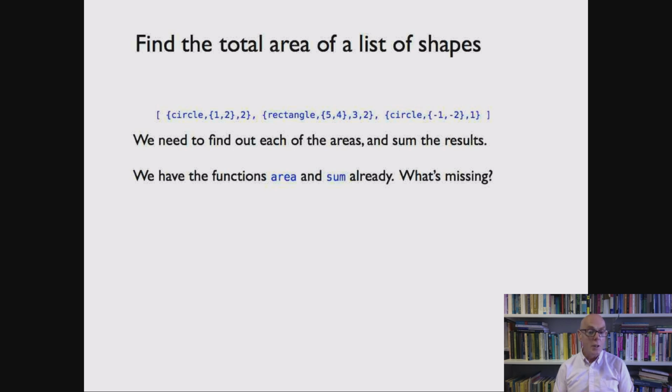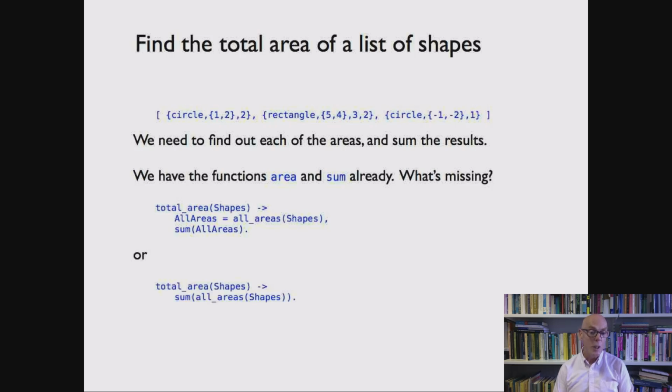What we need to do is find out each of the areas. We have to somehow calculate a list which has all the areas of the shapes in it and then sum that list. So here's our total area function. We say apply this function all areas to our list of shapes, put that in the variable all areas and then sum that list.